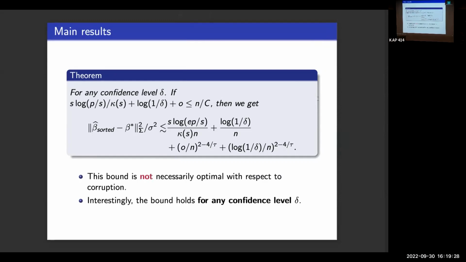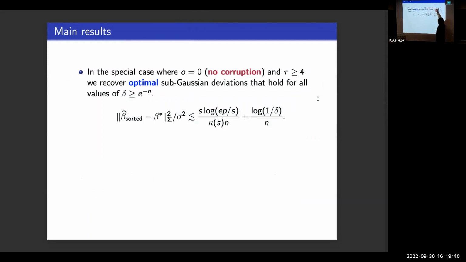But if you think of the special case where there are no outliers, O equal to 0, and you only have heavy-tailed data, it turns out that under tau larger than 4, if you have 4 moments or more, you actually recover full sub-Gaussian behavior, as if everything is sub-Gaussian, even if the noise is not necessarily sub-Gaussian. It's very interesting. The way the proof works is that you leverage the fact that the design is sub-Gaussian itself, and that helps you recover this sub-Gaussian behavior.